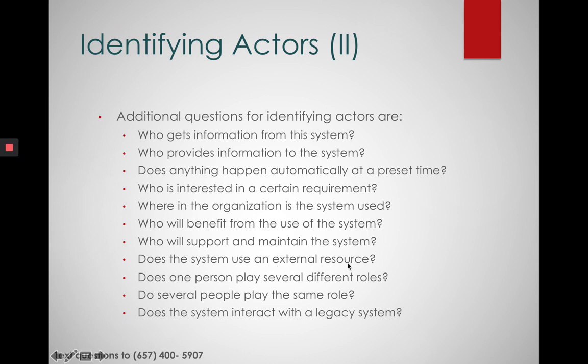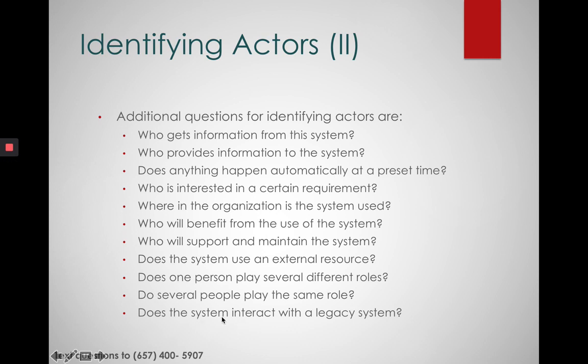So using an external resource is very, very commonly done. If you have any kind of a system that requires a payment, it's probably going to use some kind of external payment processing system, like a credit card processing system or PayPal or Stripe. Also for authentication, if you think about any kind of application at UCI like Canvas, well, it uses UCI WebAuth to get authentication before you can log in to Canvas.